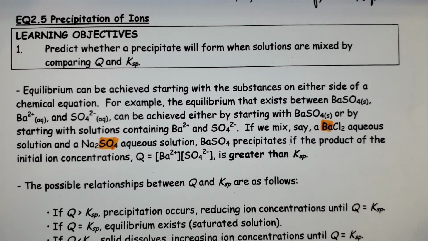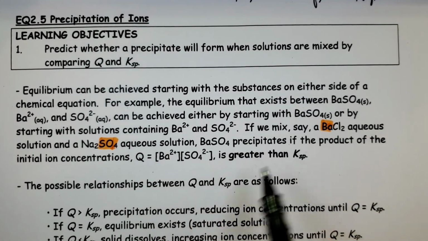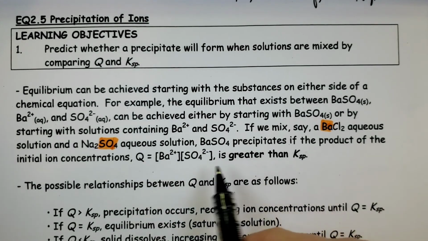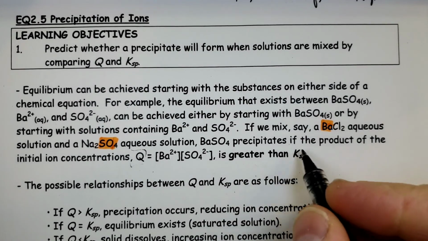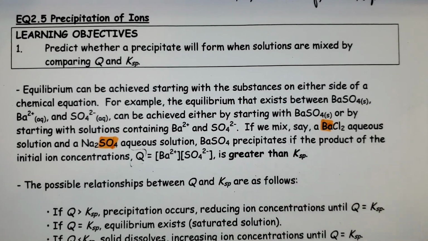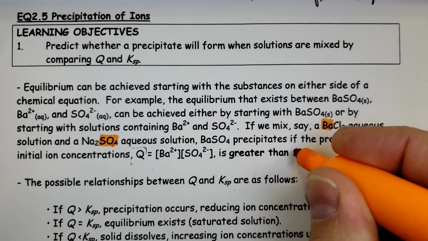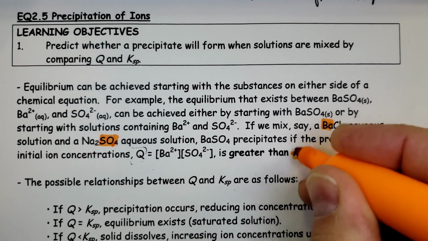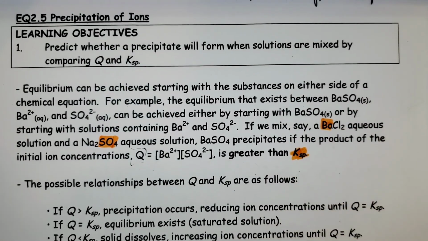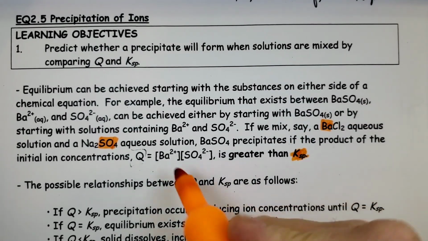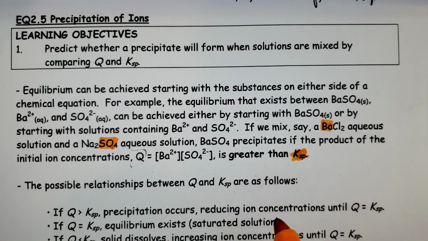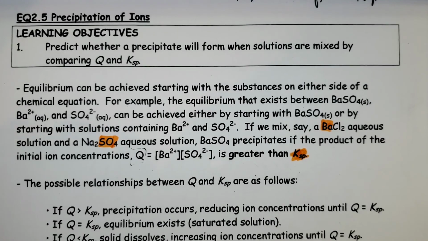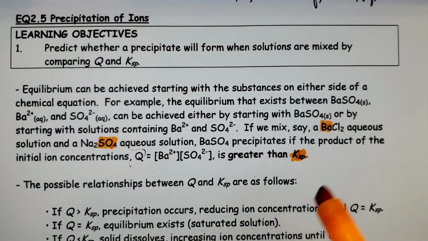So whatever we have in our solution, it'll be a certain value which we'll call Q, and we compare that to the solubility product. The solubility product is a number that represents how much is capable of being dissolved. So if I have more than that maximum amount, then I'll have a solid on the bottom, incapable of dissolving.